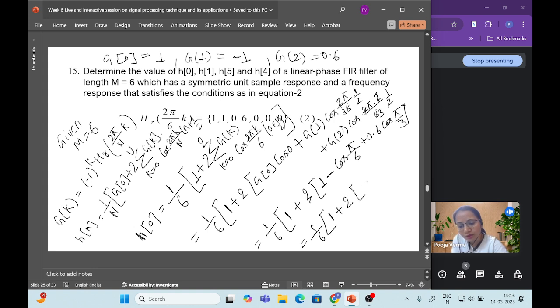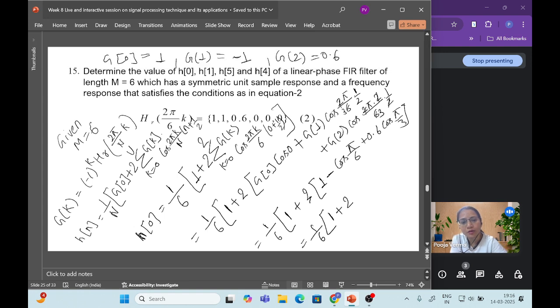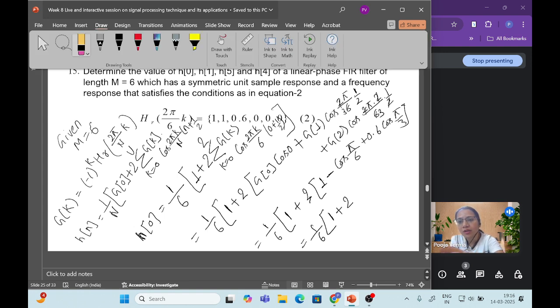Just you further solve it, you will get, if you put the values and just multiply this into this, so 2, here it is minus, so I'm just directly writing. You can further calculate it because I didn't also calculate it.